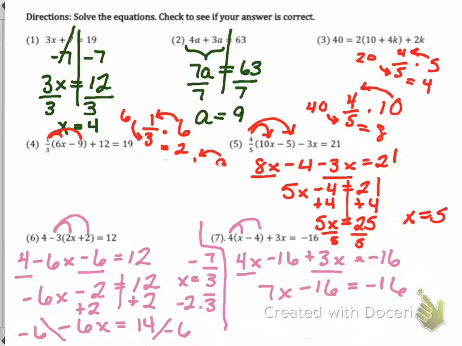Now I'm going to get the variable by itself, so I put in my balance line and add 16 to both sides. And I get 7x is equal to 0. A lot of times when students get to this part, we think that x is 7, but that's not true. I want to divide both sides by 7, and we get that x is actually equal to 0, which is a solution.